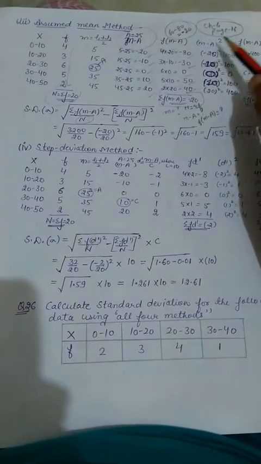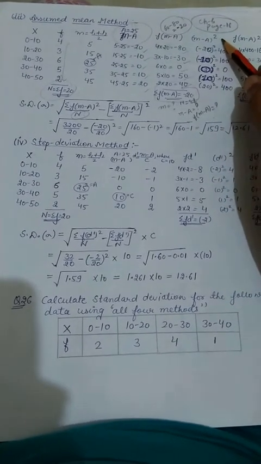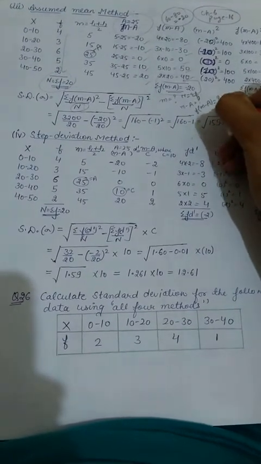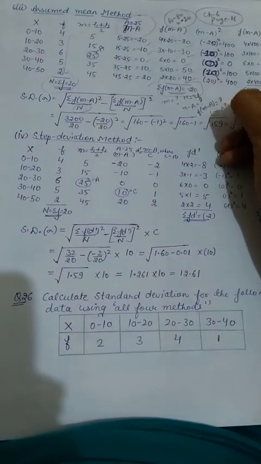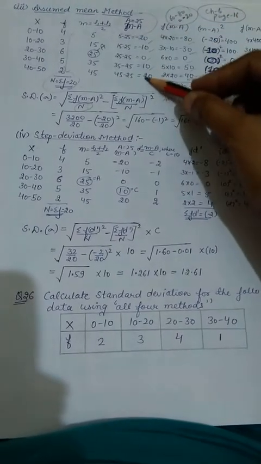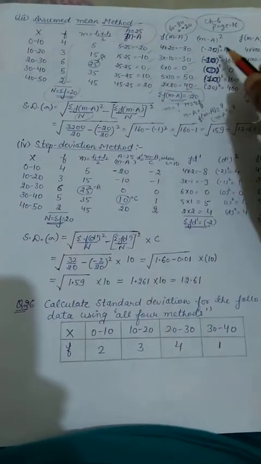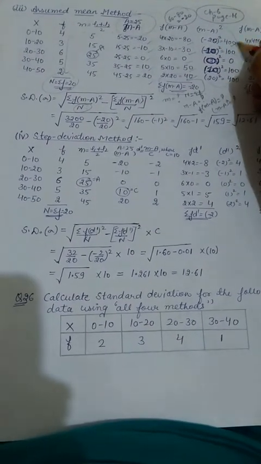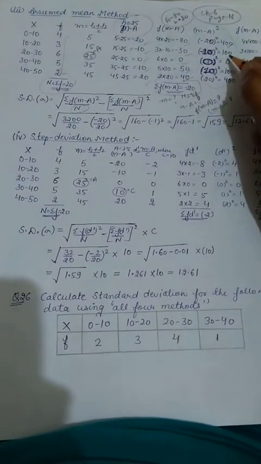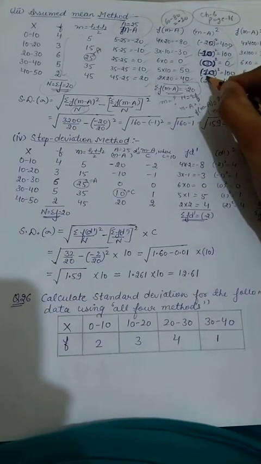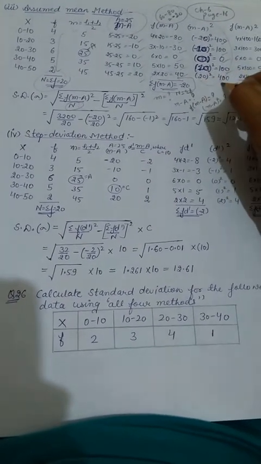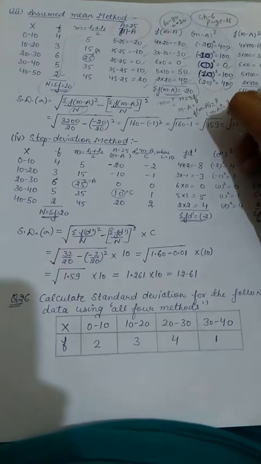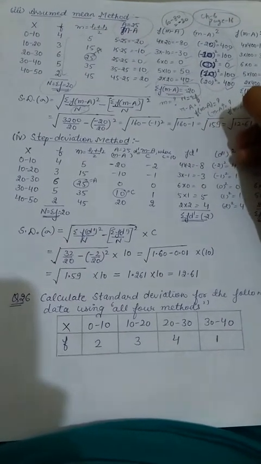Now m minus a whole square you have to find out. Whatever the values are in this column we have to square. Minus 20 square is 400, minus 10 square is 100, 0 square is 0, 10 square is 100, 20 square is your 400. Now at last you need f into m minus a whole square.